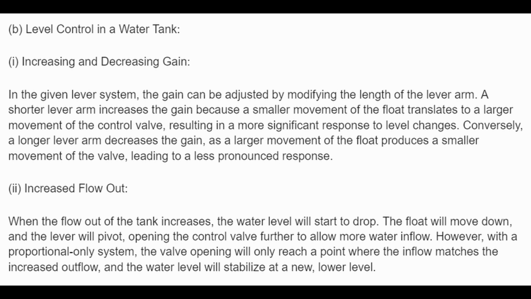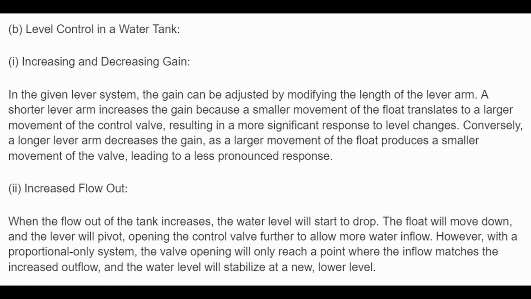A shorter lever arm increases the gain because a smaller movement of the float translates to a larger movement of the control valve, resulting in a more significant response to level changes. Conversely, a longer arm decreases the gain as a larger movement of the float produces a smaller movement of the valve, leading to a less pronounced response.